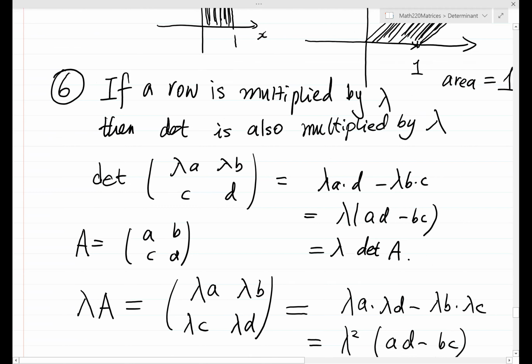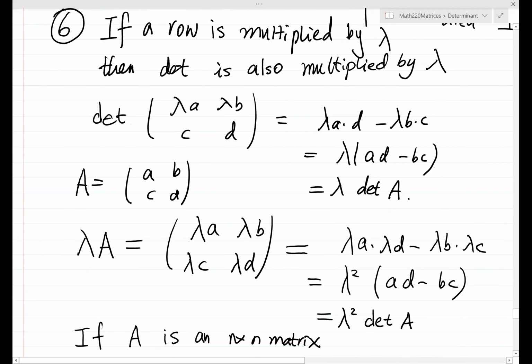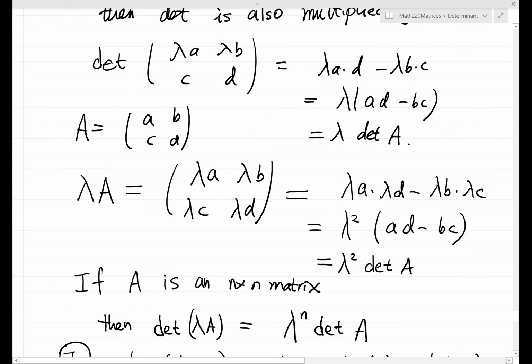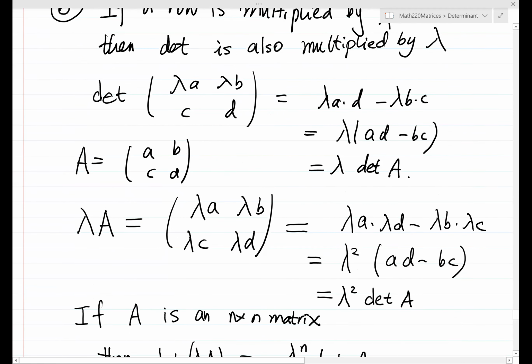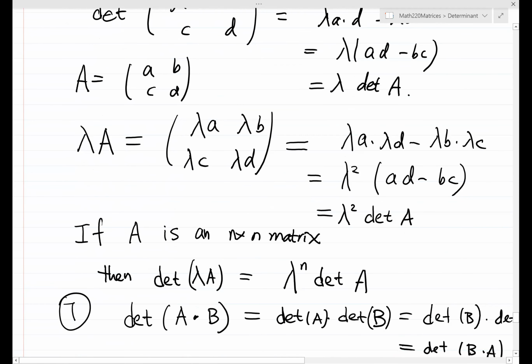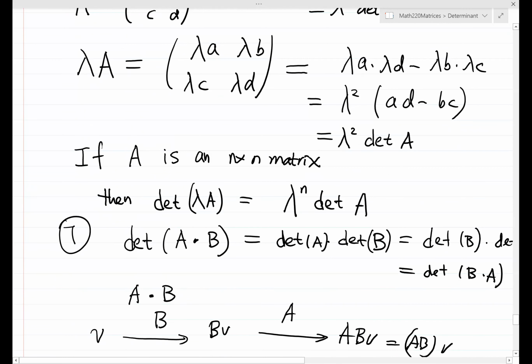So we usually transform it into upper triangular form and then compute the determinant. What happens if we multiply a row by lambda? Then the determinant also changes by lambda. If we multiply every row by lambda, then the determinant differs by lambda to the power n, where n is the dimension.